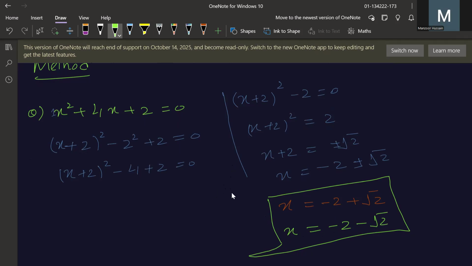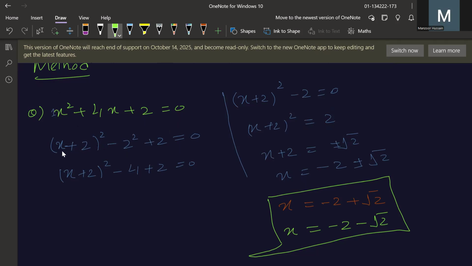I hope it's clear. So I will give a recap. While solving quadratic equations using the completing square method, you have to first make the coefficient of x squared 1. After that, you have to convert the quadratic equation into square form. How do we do this?